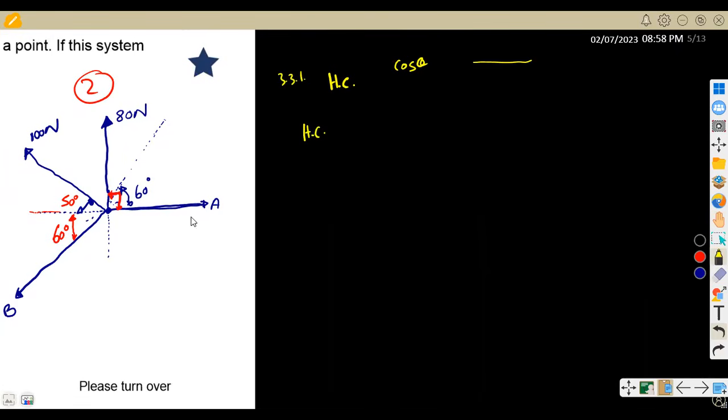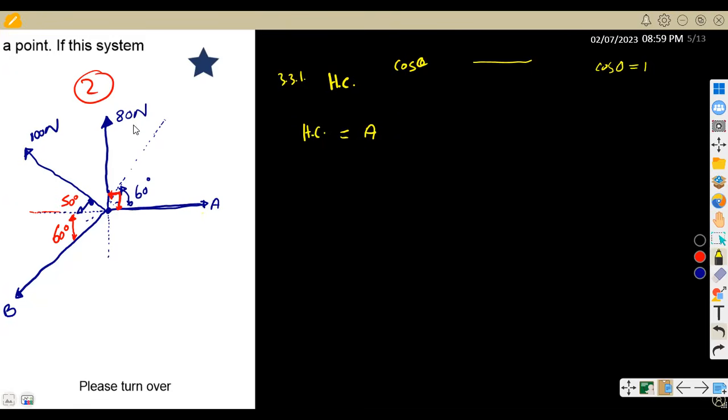Let's start at A. A in this case is a straight horizontal line, so we're going to take that as it is. It's a positive. The angle there was supposed to be 0 degrees. So if you say A times cos 0, we know that cos 0 is equal to 1. So it is going to remain as A, but it was supposed to be cos 0. We are at 0 degrees here.